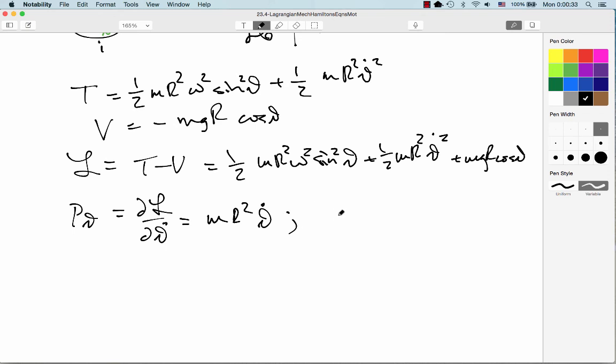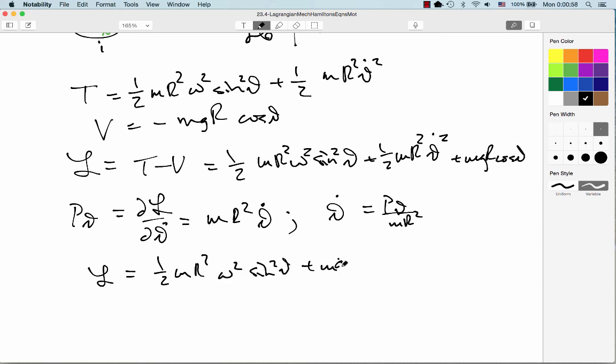So when I start writing my Hamiltonian, I'll make the substitution that theta dot is equal to p theta over m r squared. All right, and that's all I've got, so I can rewrite my Lagrangian as 1/2 m r squared omega squared sine squared theta plus m g r cos theta plus p theta squared over 2 m r squared.